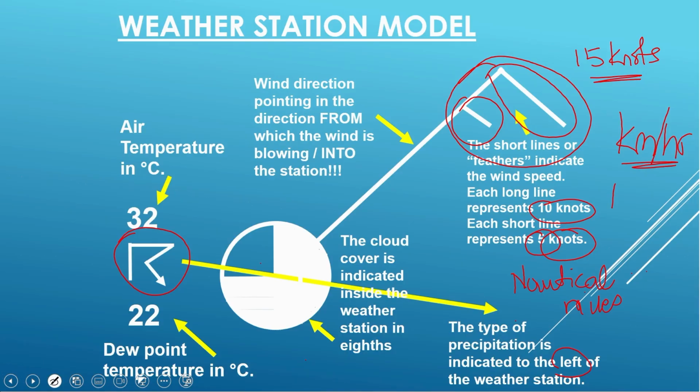So 1 knot, okay, 1 knot equals what? Equals 1.852 kilometers per hour. So if you've got 15 knots, you just multiply that by 1.852 kilometers per hour, and you get the answer in kilometers per hour.